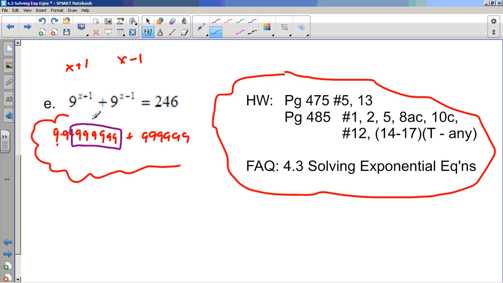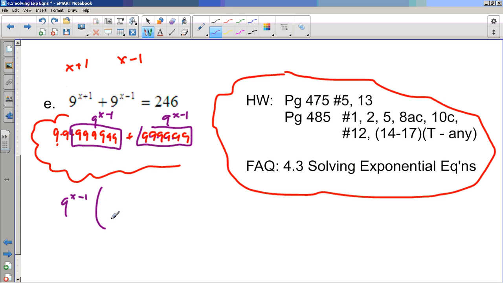I can call that x minus 1 9s that are a common factor. That's pretty weird, but certainly I can factor that out, and I'm going to. How many? Well, the smallest number, which is x minus 1 9s.